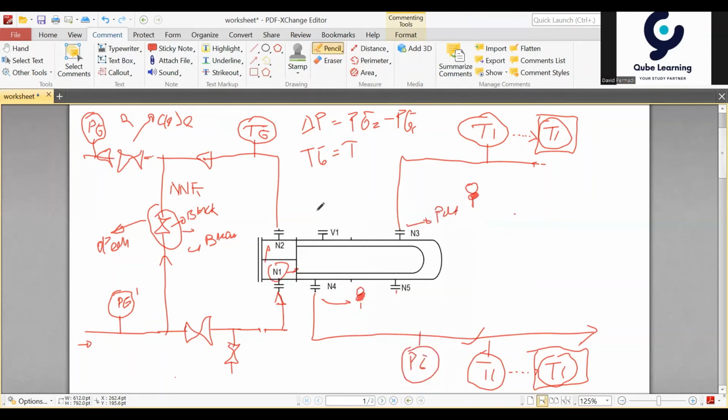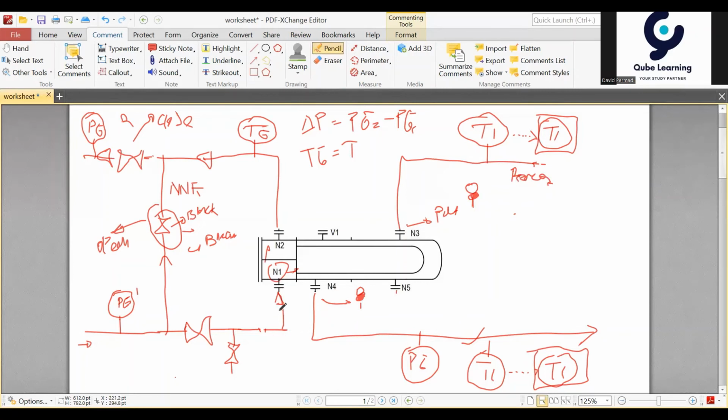Okay, why do we have to put the spectacle blind on the process fluid rather than on the cooling water? Because the main process happens in your process fluid here, because this is the process fluid.